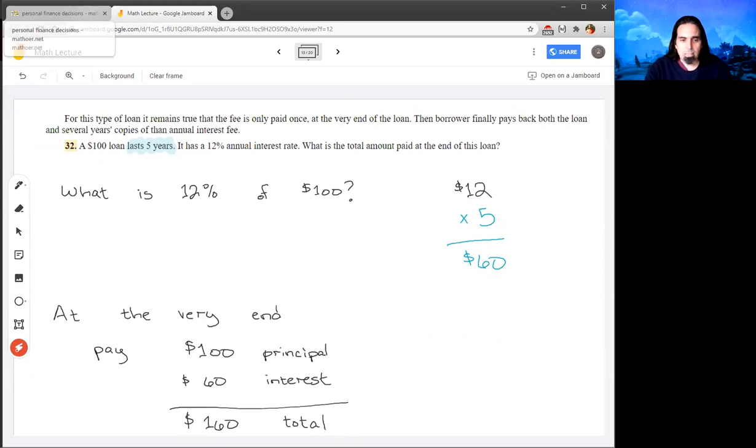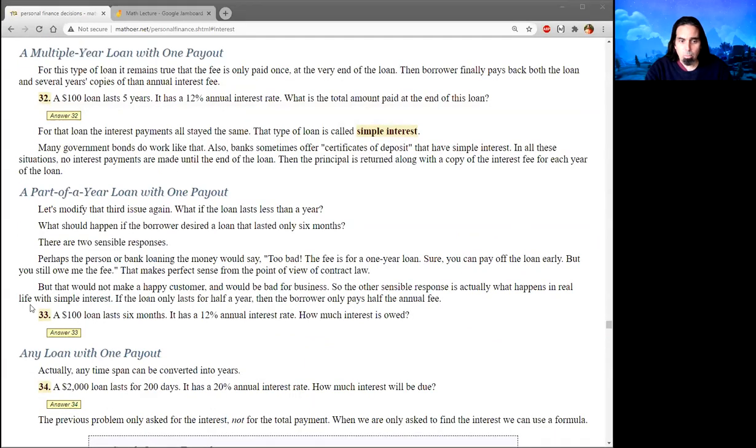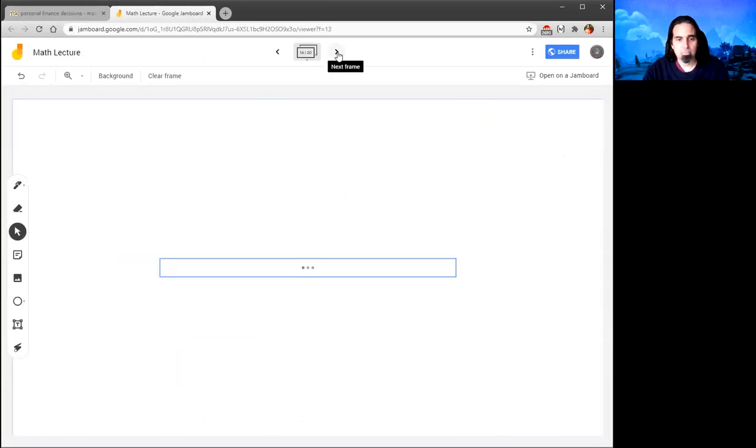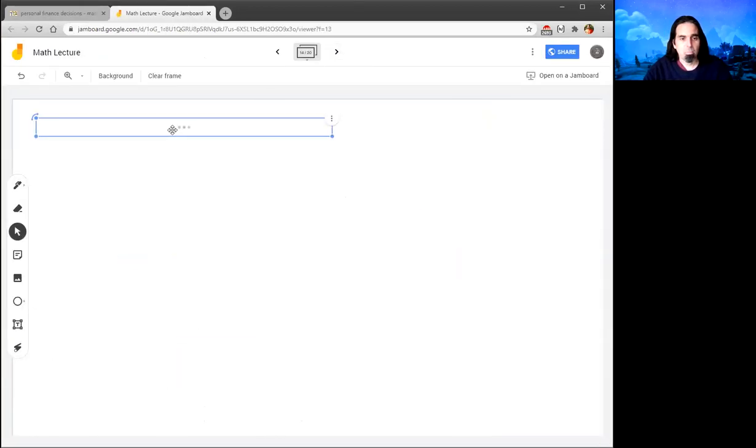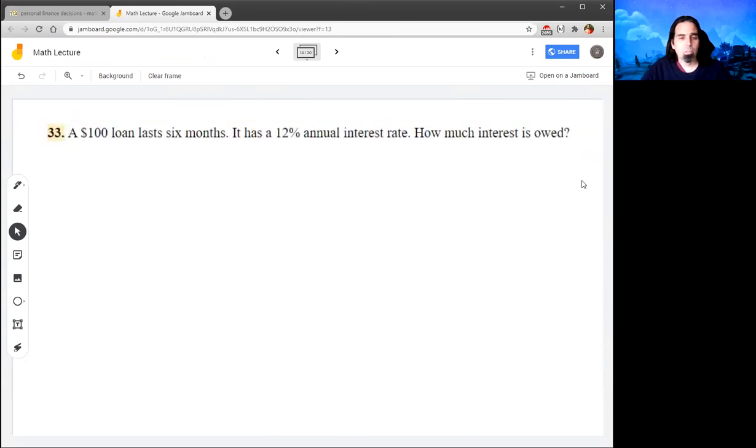You could do exactly the same thing with part of a year. Maybe you didn't need your loan for a whole year. Let's just have a 6-month duration.